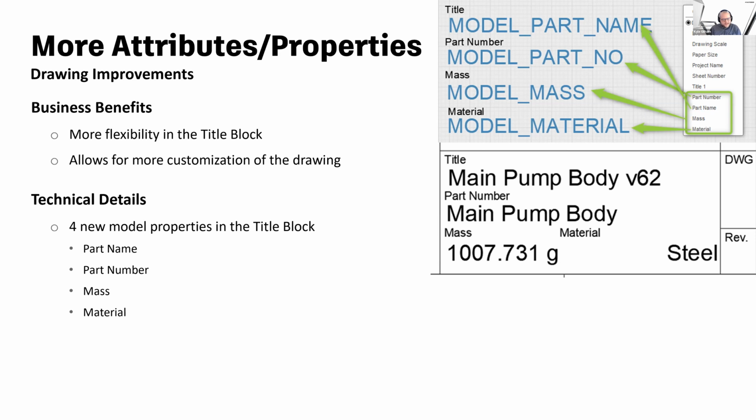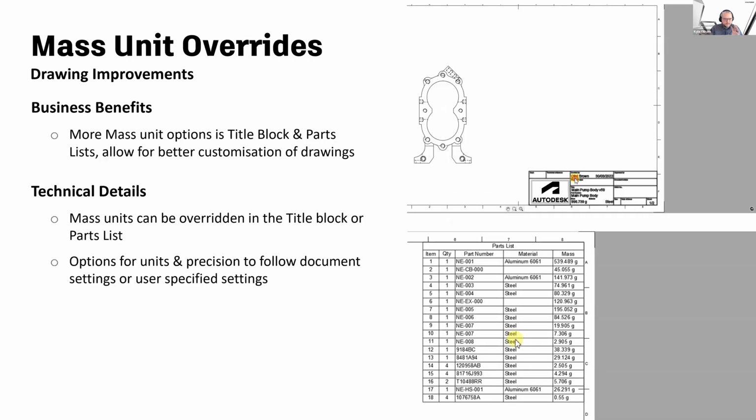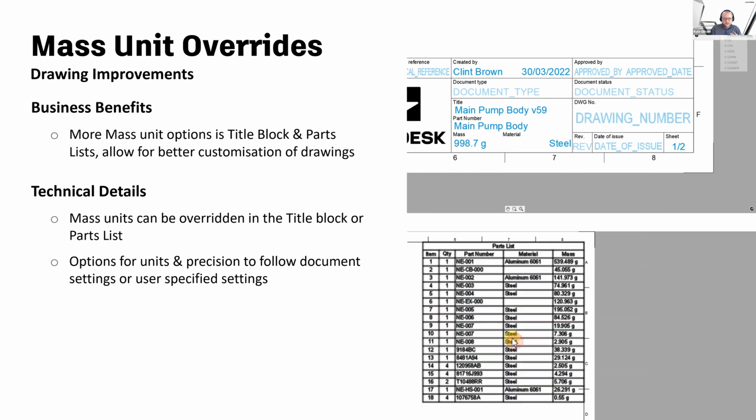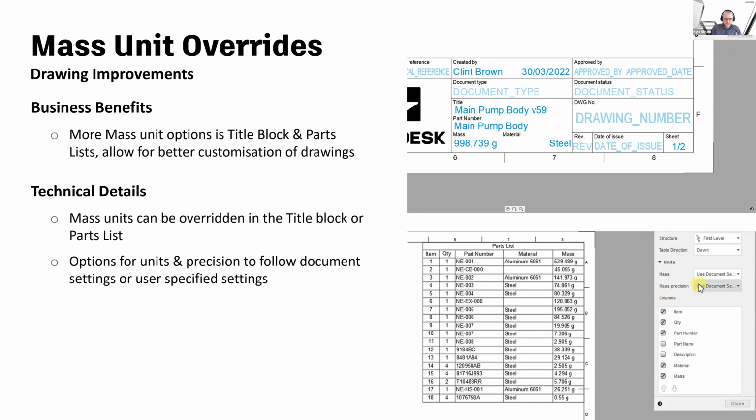Separate but in tandem with that is the ability to change the mass properties or override the mass units. A lot of times it would be directed by the drawing what mass units you're using. Now you can say, I want it to follow the model, I want it to follow the drawing, or I want to override it and pick my own.